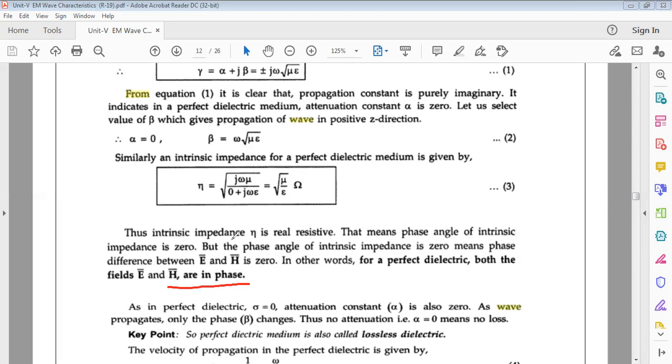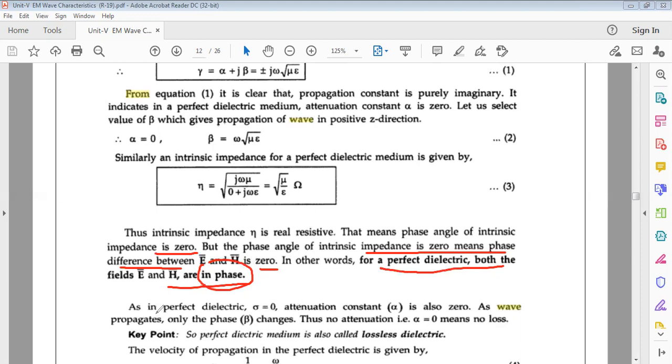The intrinsic impedance eta is real resistive, so the phase angle of intrinsic impedance is 0, which means there is no angle here. The phase difference between E bar and H bar is 0. In other words, in a perfect dielectric, both the fields are in phase.